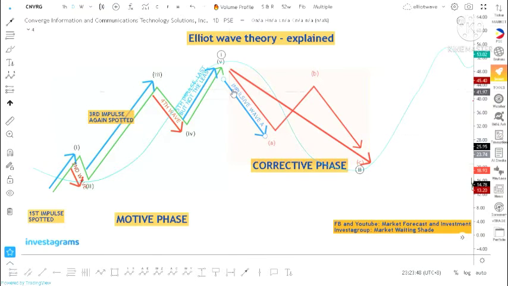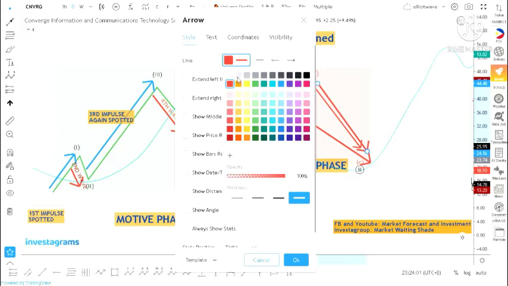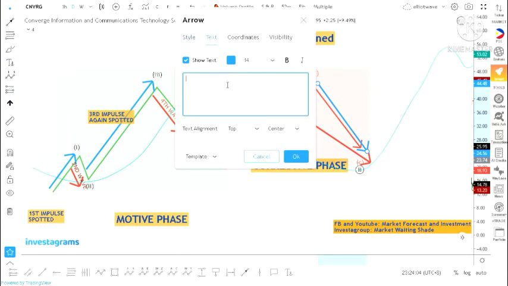So this is our impulsive wave A. And again, there is another wave that is directed the same way, down. So this is our wave C. We color it the same and label it as impulsive wave C.